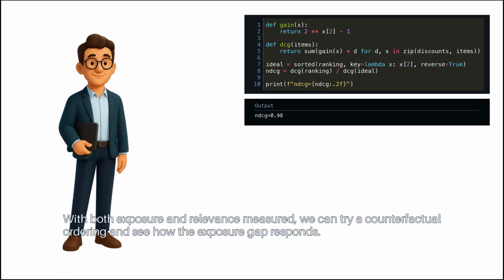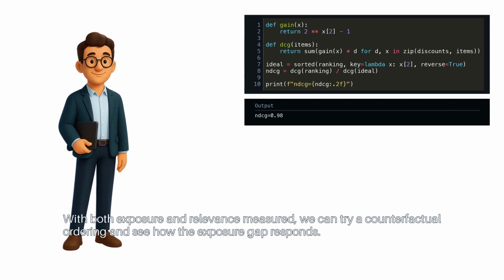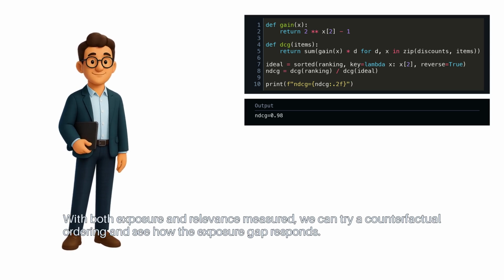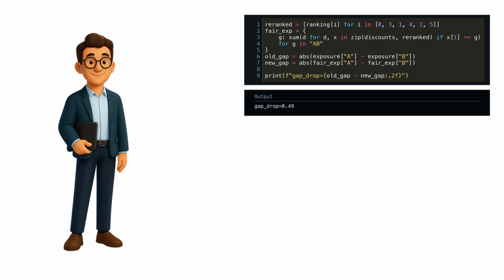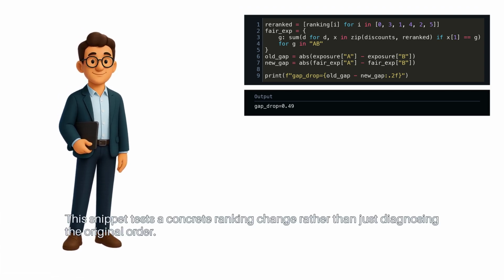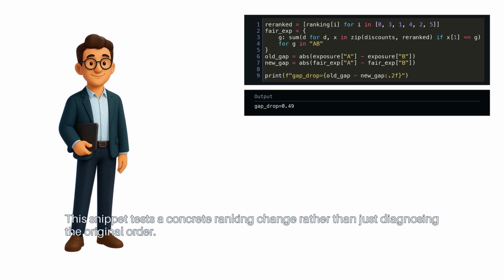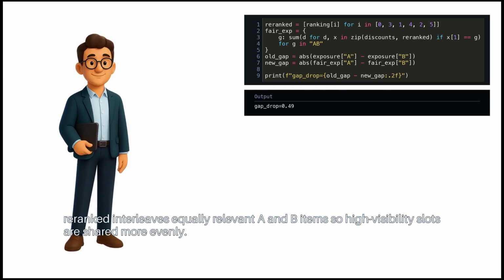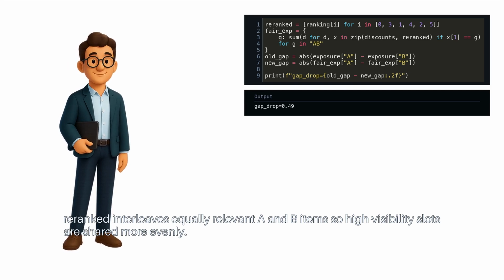With both exposure and relevance measured, we can try a counterfactual ordering and see how the exposure gap responds. This snippet tests a concrete ranking change rather than just diagnosing the original order. Re-ranked interleaves equally relevant A and B items, so high visibility slots are shared more evenly.